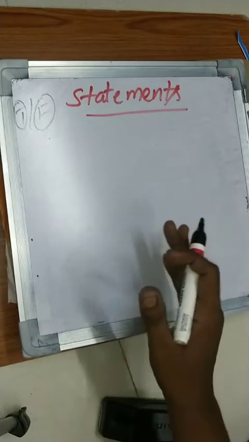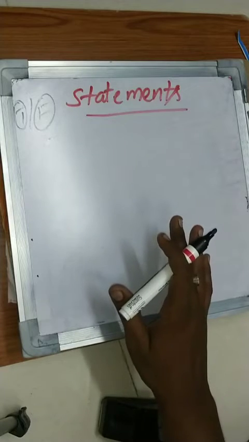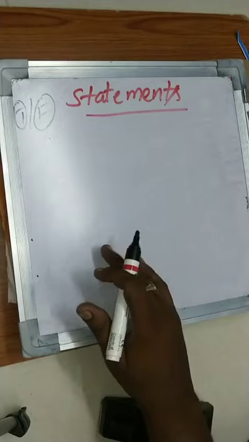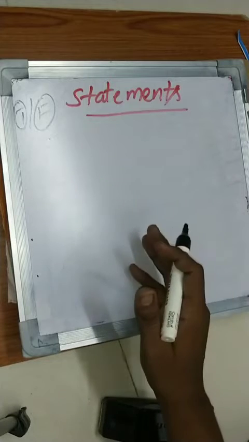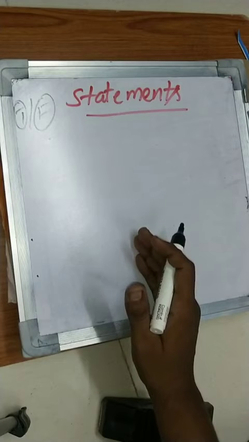What is the use of connectives? They combine statements. When you write Ramu and Sita are writing their homework, here and is one connective.